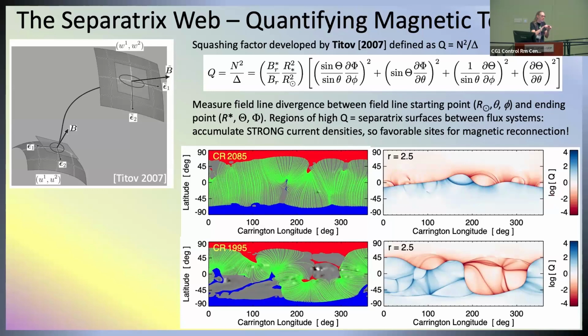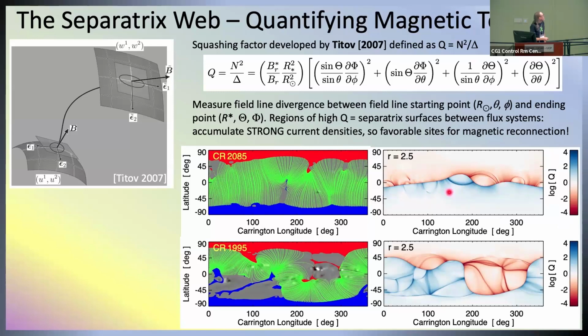Because on one side, my field line goes up to one pole. And if I move a little bit of delta, I'm now on the other side of the current sheet, my field line goes down to the southern pole. So even though out here at 1 AU, or 3 solar radii, they were very close together, they ended up very far apart. So these derivatives on position are huge because now you're on the other side of the sun. So that's why this line between the two colors is basically black. The log of Q is like infinite, I think, actually at singularities.